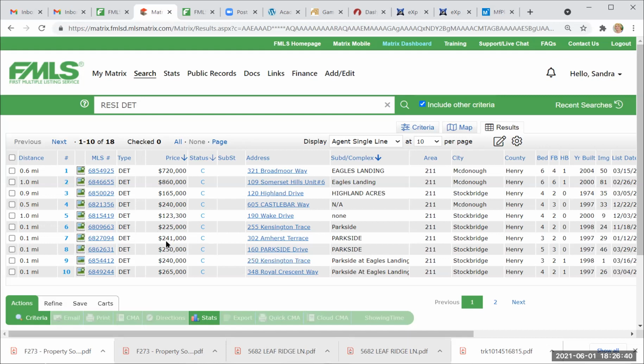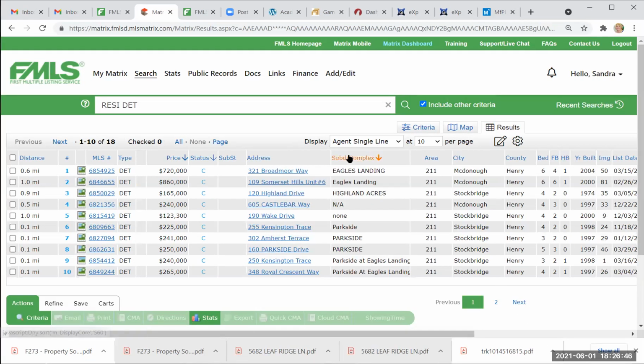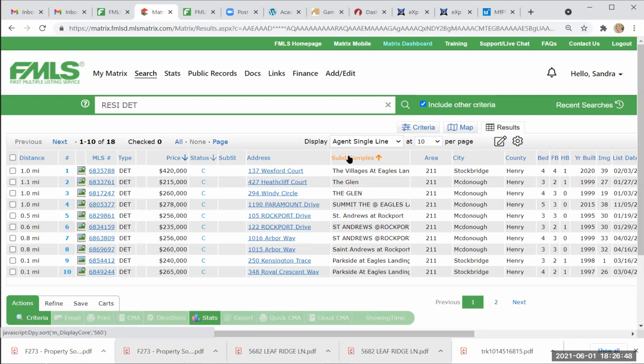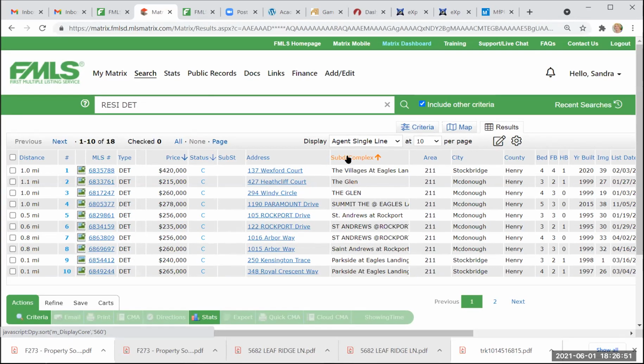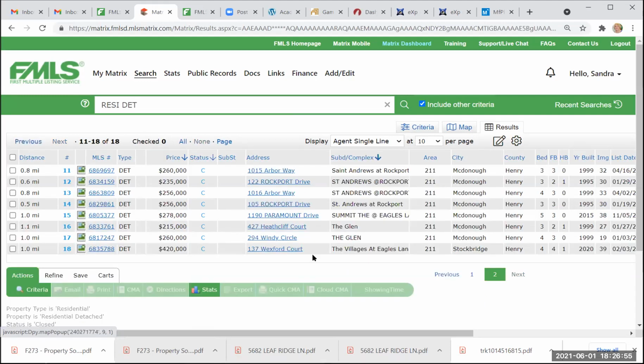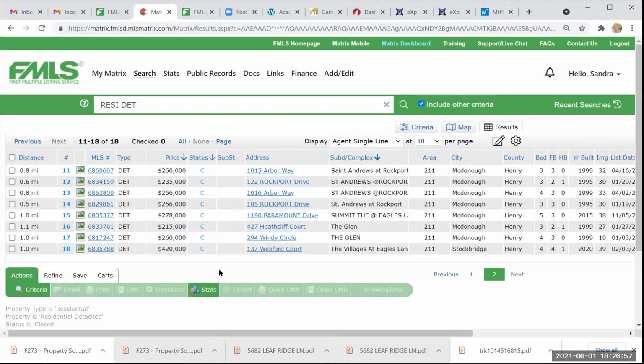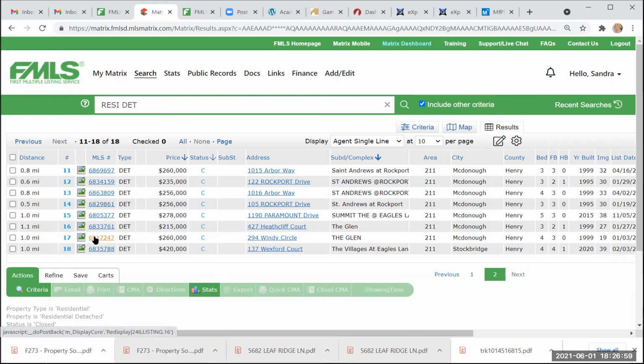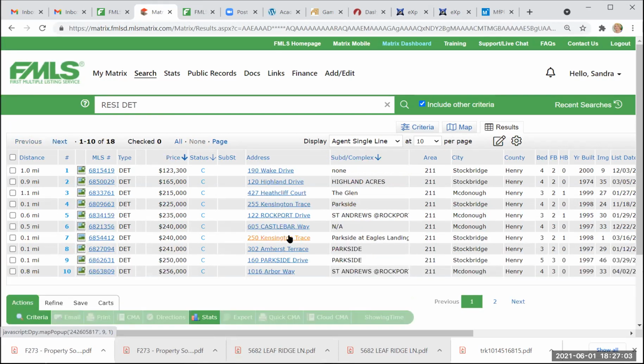Judging by the prices, I'm guessing it's similar to Eagles Landing. And did you see how I can click on any column and put them in order by that column? Okay, so that makes it easier to start comparing. So you've got to learn how to use this tool. And same thing here. All I got was something at 260. Well, let me order them by price.